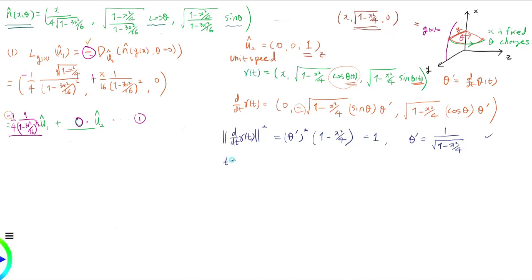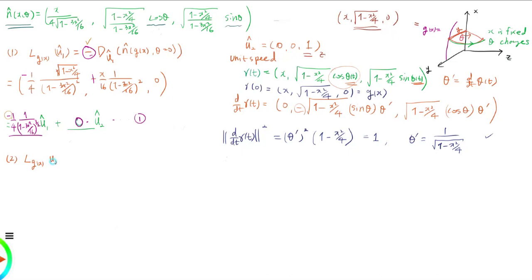And obviously when t equals 0, gamma of 0 is nothing but x comma 1 minus x squared over 4 comma 0, which lies on this generating curve. Okay, so let's take a directional derivative of this unit normal vector.